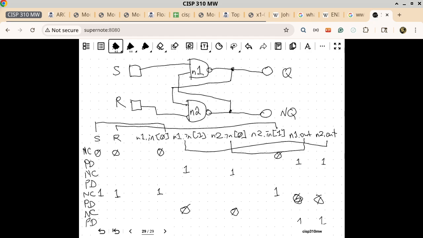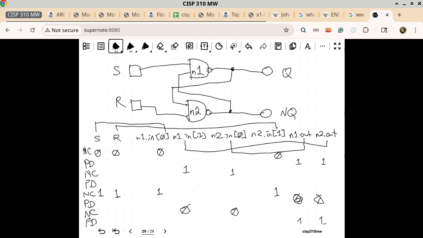You look at this and it is kind of curious because it looks like we are repeating a loop here. And you're right, we are repeating a loop here. At this point, the next NC and PD cycle will basically change the output of both NAND gates back to 0, 0, and then back to 1, 1, and then back to 0, 0.